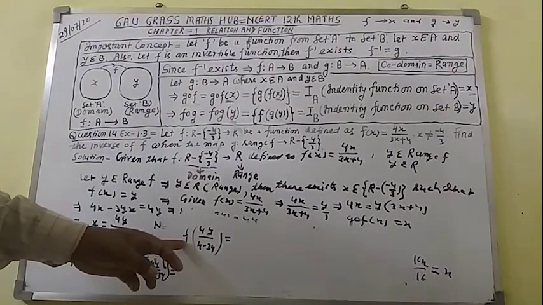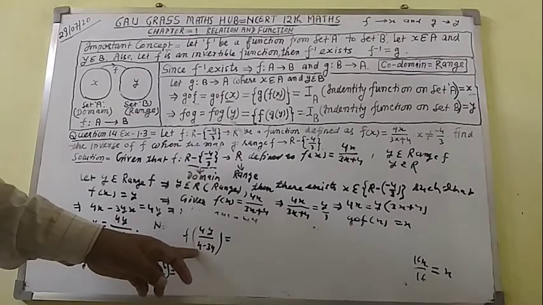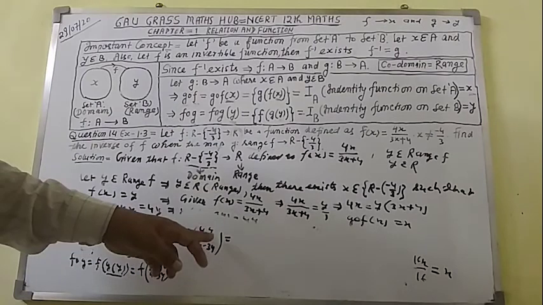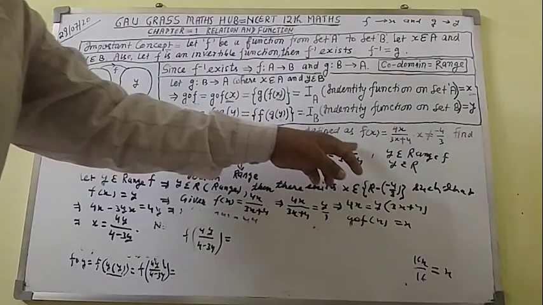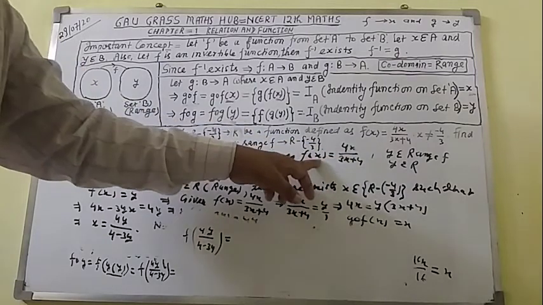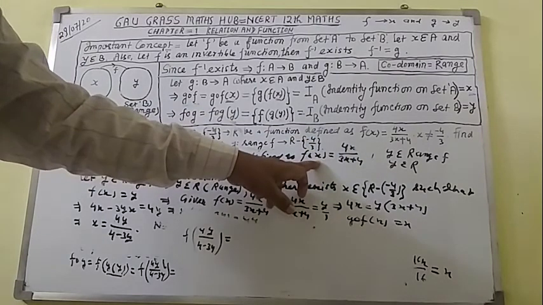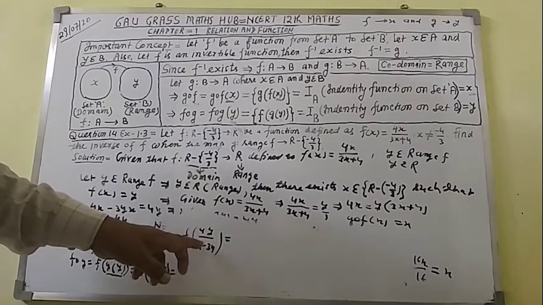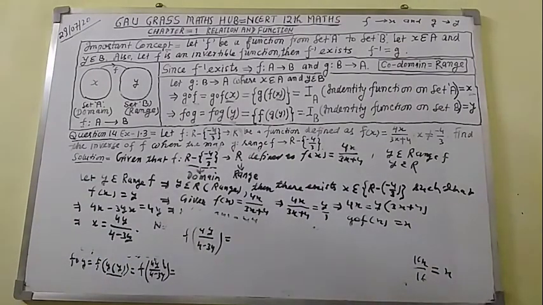So in place of x you can write this value. In place of x, in all three places where x is there, just write this value 4y over 4 minus 3y. So what will we get here?